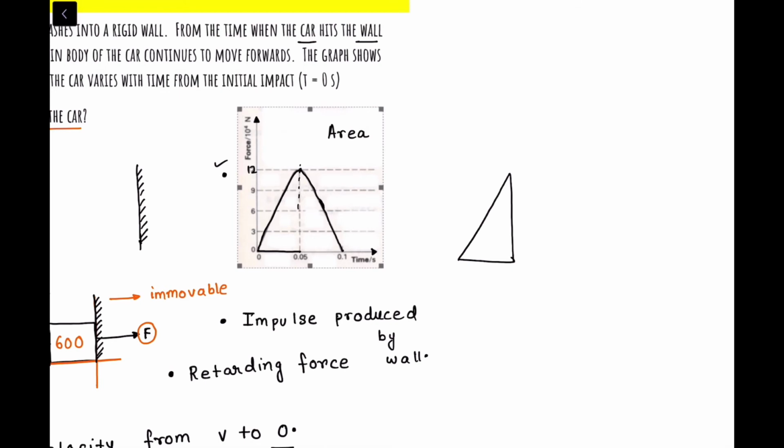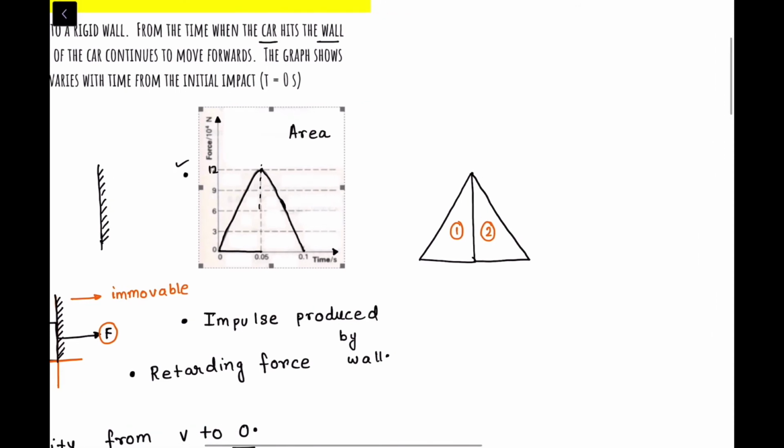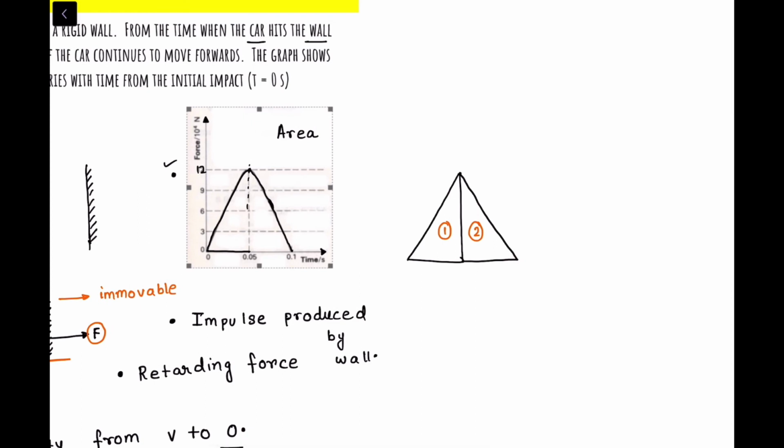So I can divide it into two areas. This will be area number 1. We have solved these types of questions. And this will be your area number 2. So if I just find the area, we'll get the impulse.